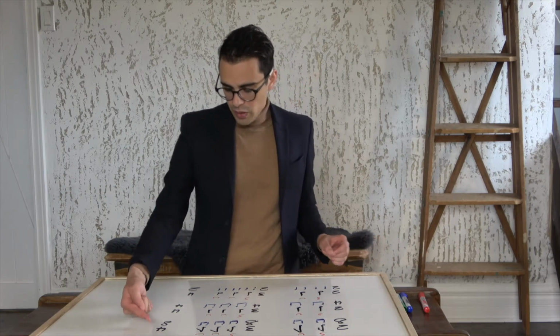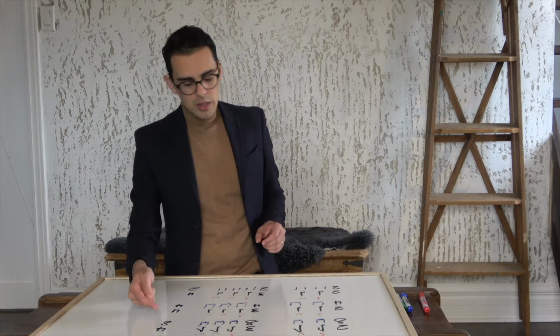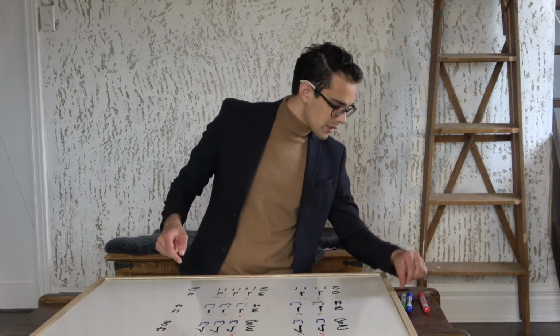Same thing. Top number represents the amount of beats, and the bottom note represents the type of note that gets the beat.